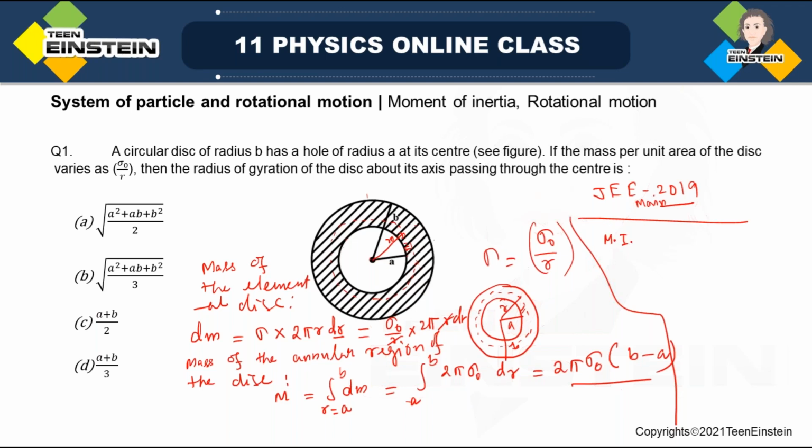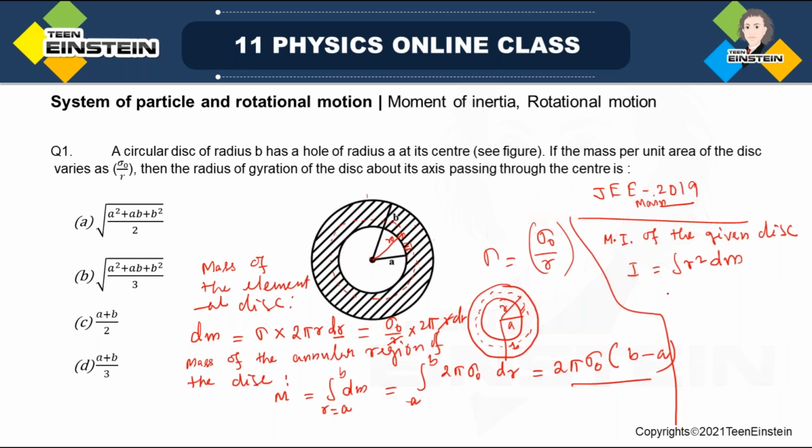So the moment of inertia, in short MI, of the given disk can then be found out. I is equal to the integral of r square dm.